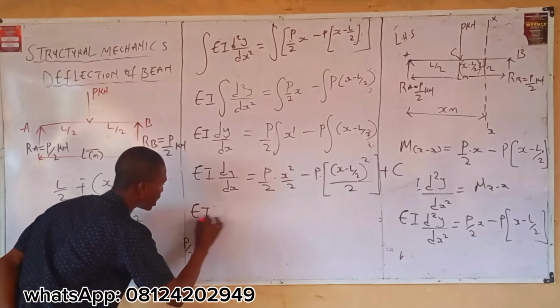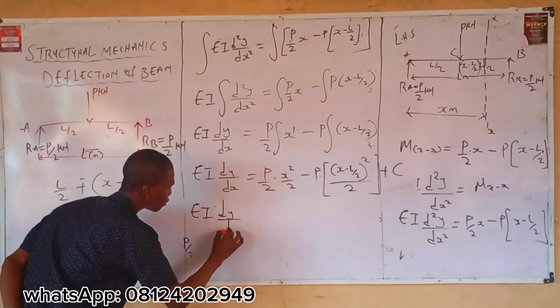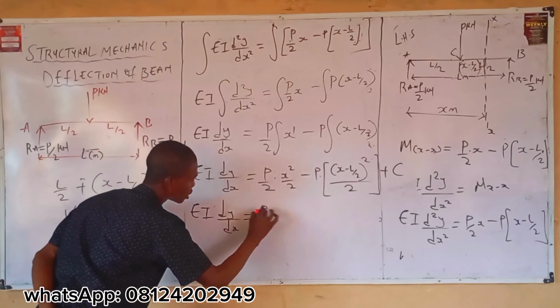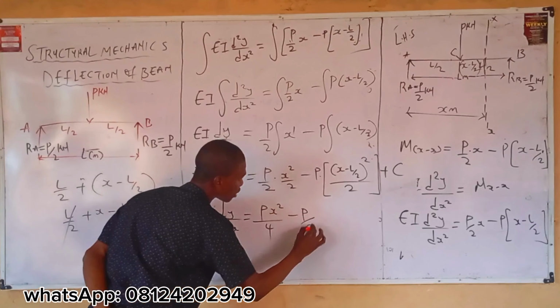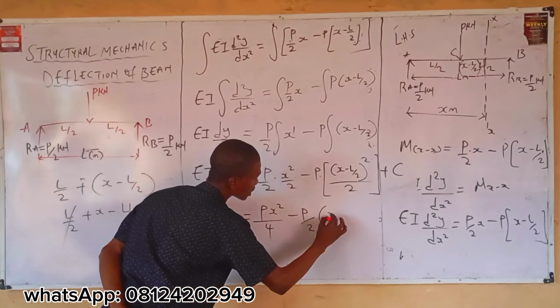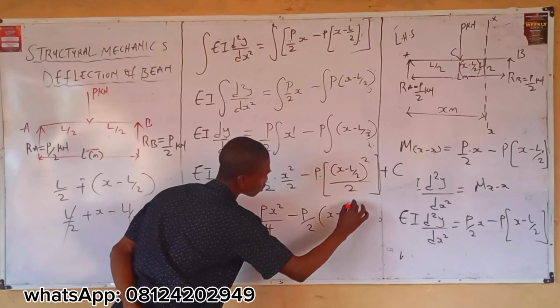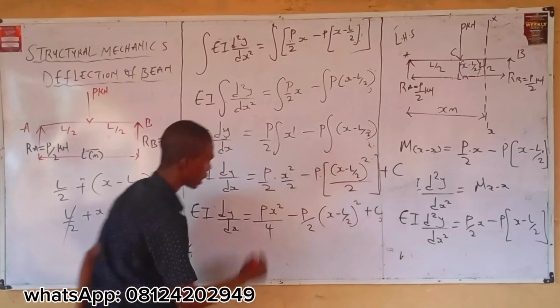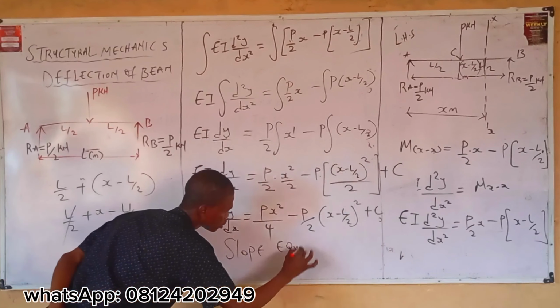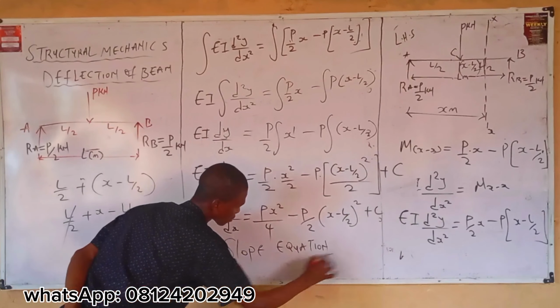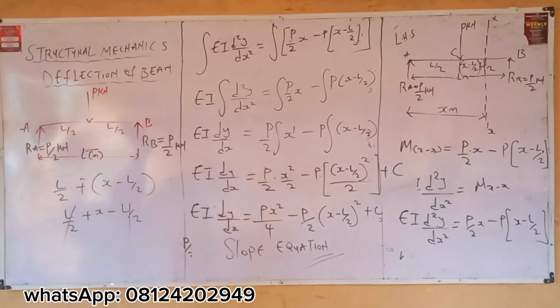We then have EI dy over dx equals px squared over 4 minus p over 2 times (x minus L over 2) plus C. And this is your slope equation.